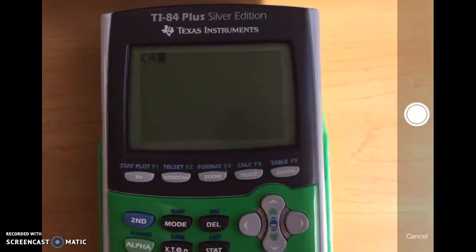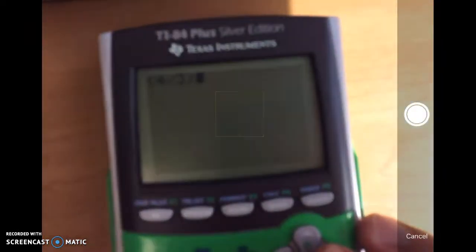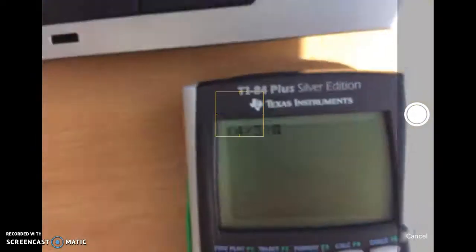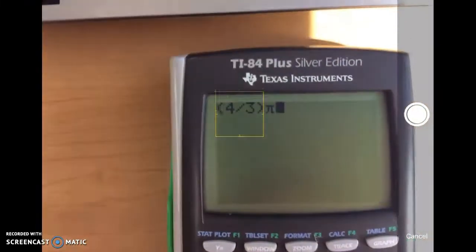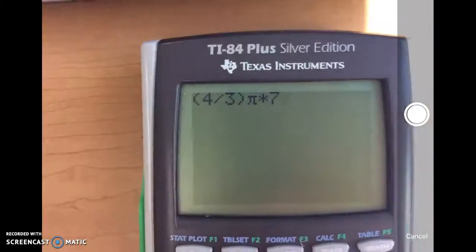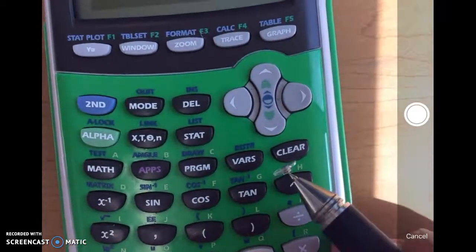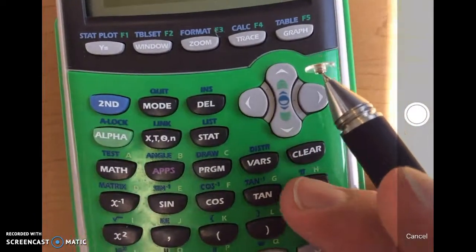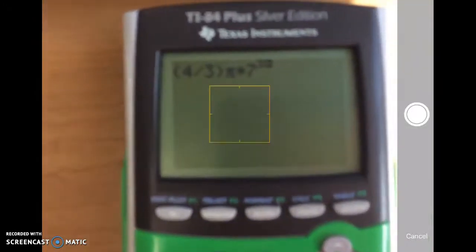So it'll be 4 divided by 3, put it in parentheses. Then we've got pi times 7, and then we have to use this button down here, which is the caret symbol. We're going to push that button, that will give us a "to the," and then put a 3 up there.